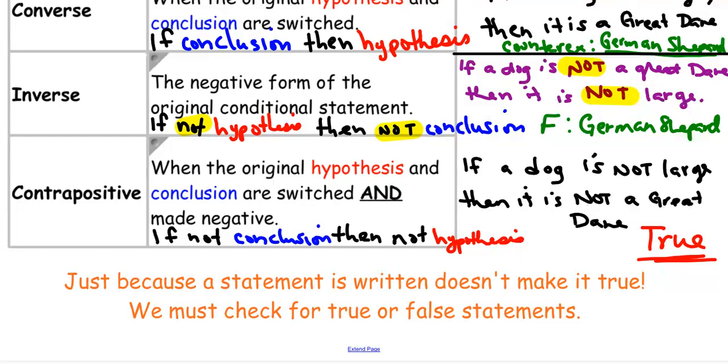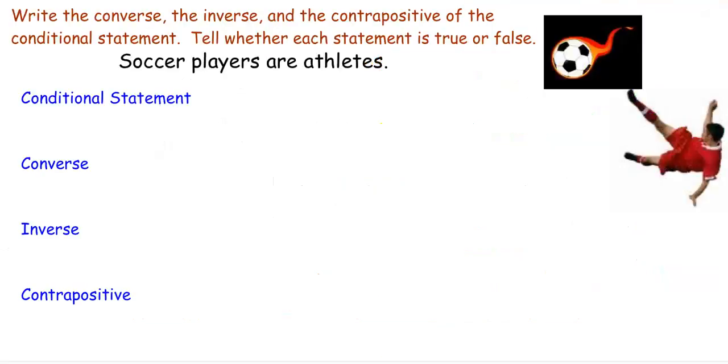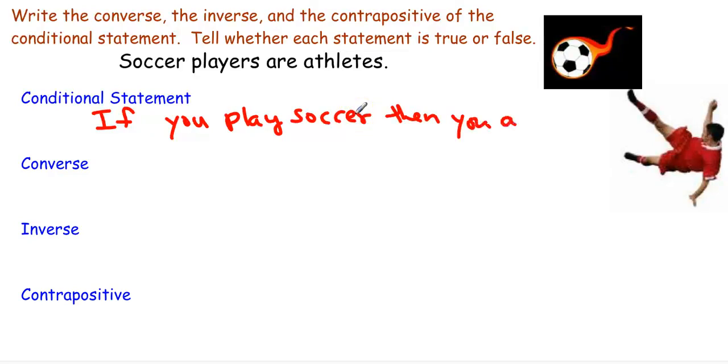So we're going to go through and write out one more example. This one we start with a statement. Soccer players are athletes. We are going to say that that is a true statement. Especially when we write this out, I'm going to say if, and I'm going to do this with yous, if you play soccer, then you are an athlete.